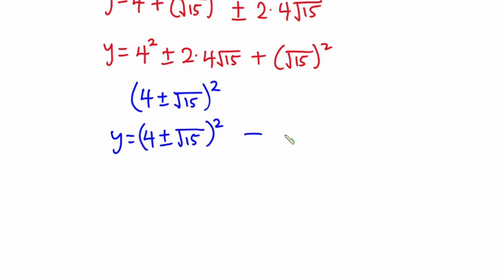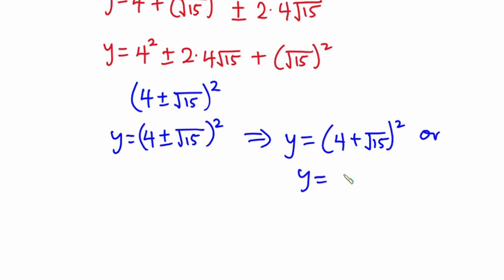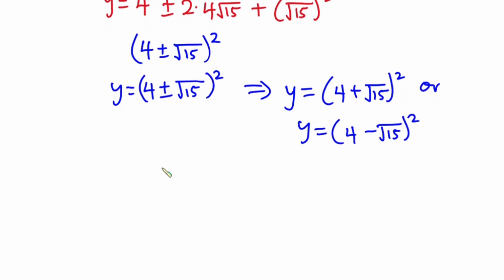Alright, so this is also the same as y is equal to 4 plus square root of 15 all squared, or y is equal to 4 minus square root of 15 all squared. Okay? And from the beginning we said that y should be equal to 4 plus square root of 15 all to the power x.